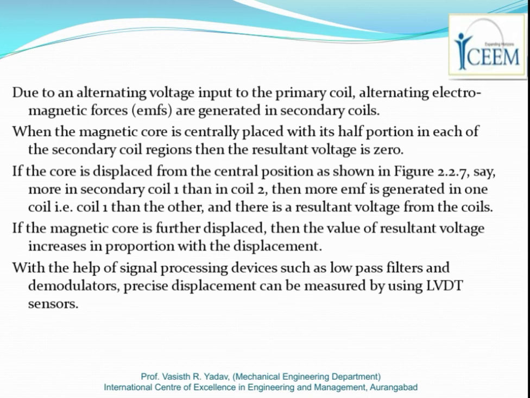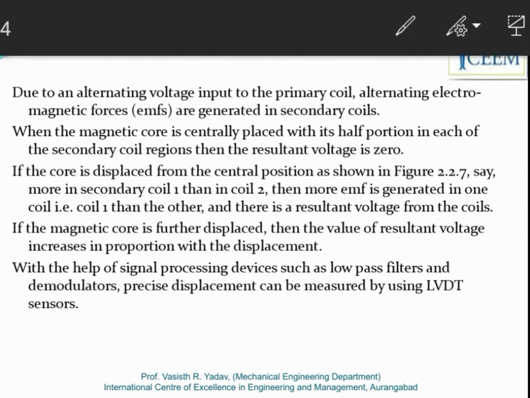So we can finally say that the working principle of any LVDT is the production of EMF. That production of EMF gives some change in resultant voltage, and this change in resultant voltage is calibrated to get linear changes.